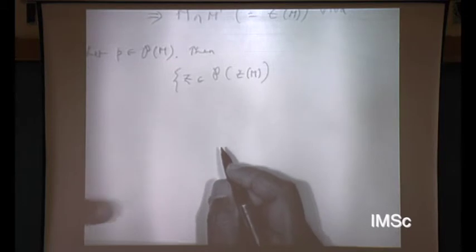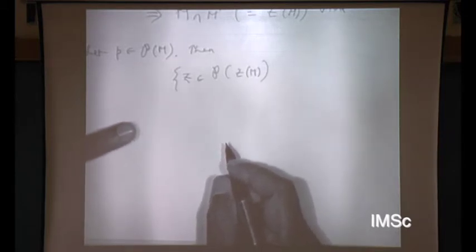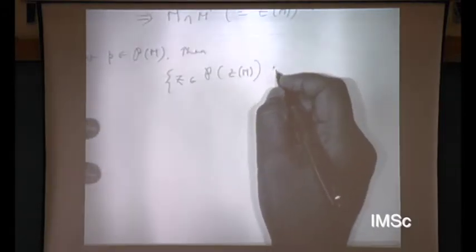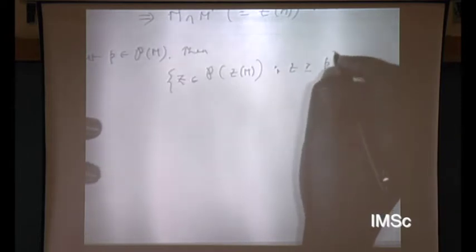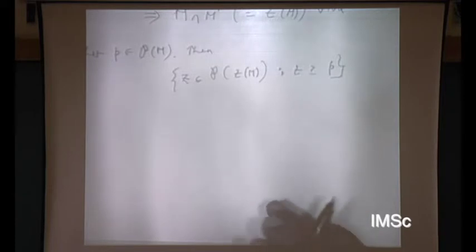That is, you look at all possible central projections Z with the property that Z is bigger than or equal to P. Now P itself may not be in the center. P is just some element of some von Neumann algebra.